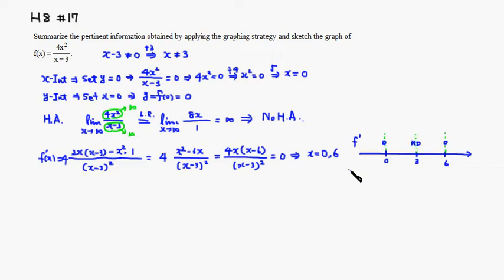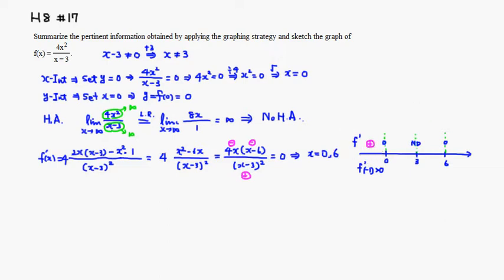All right, then let's look at the sign. f prime of anything less than 0, so I'll try negative 1. Plug in negative 1, so this is going to be negative, and negative 1, that's going to be negative. The bottom is always positive because of the squared, so it's going to be positive. So you have a positive sign here.